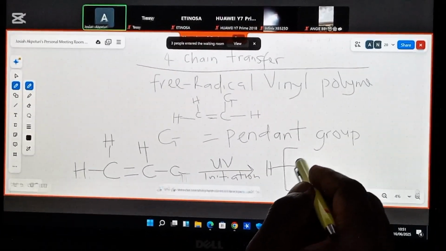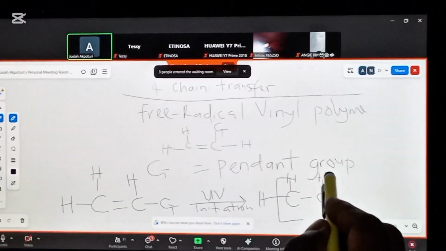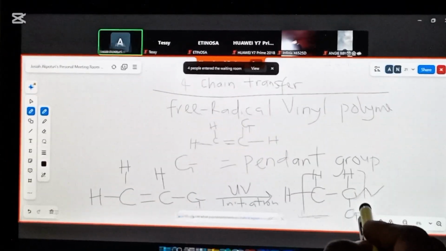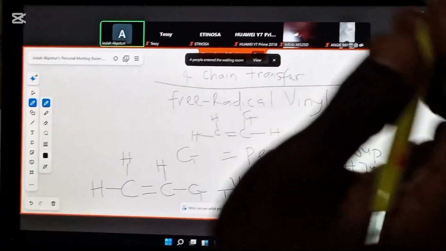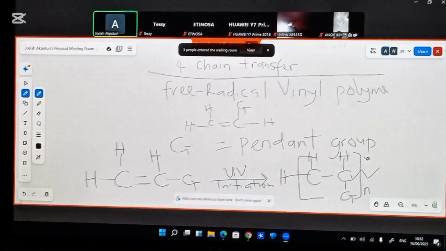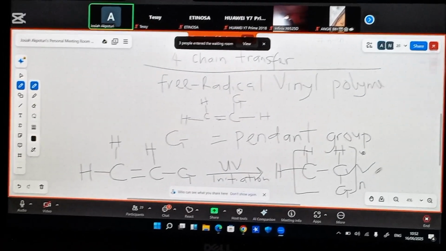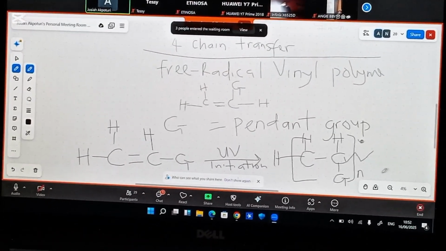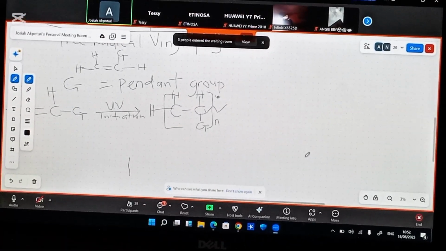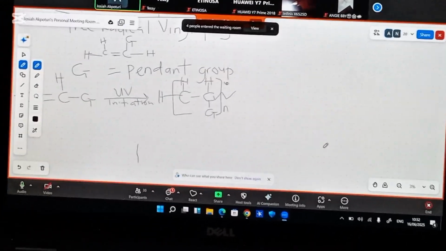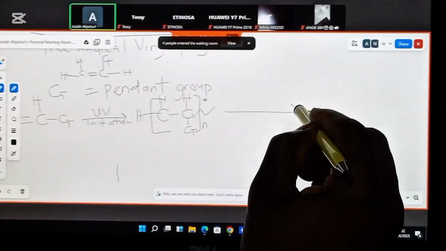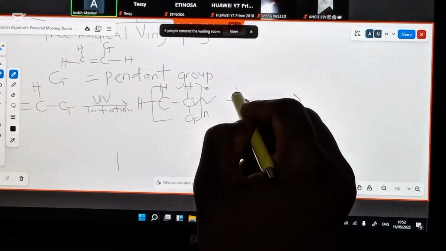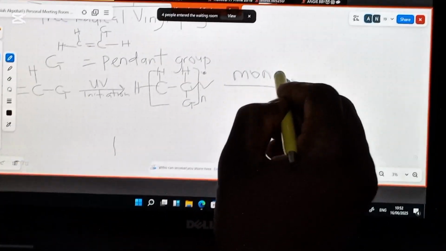To produce a radical. So when you add it to the monomer, there is another monomer.